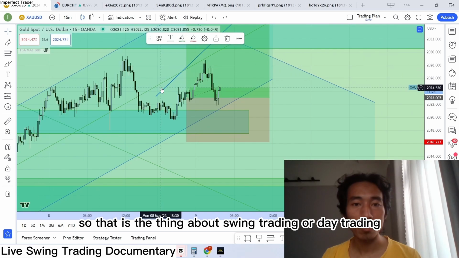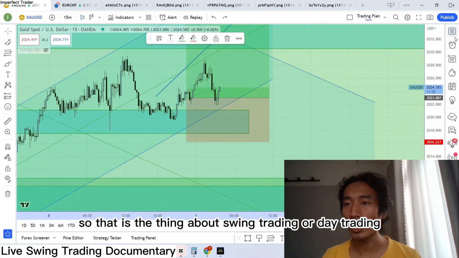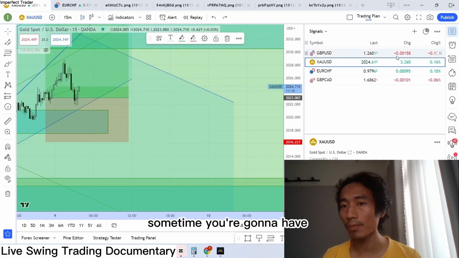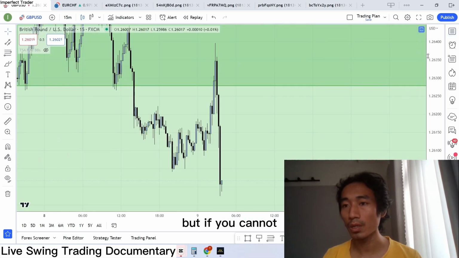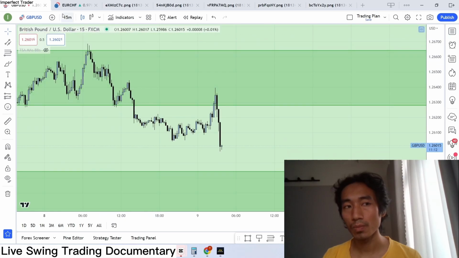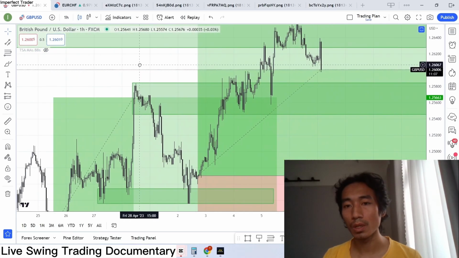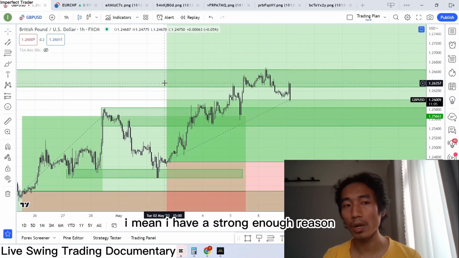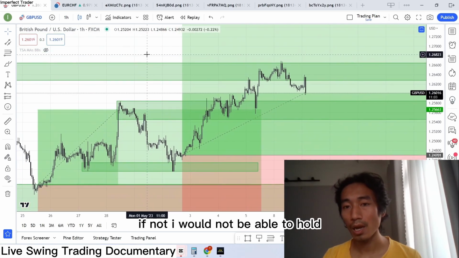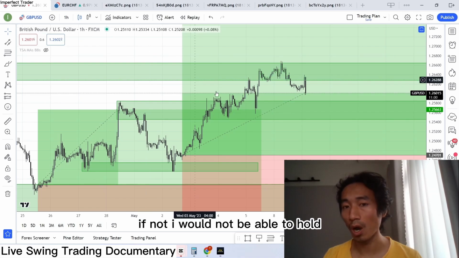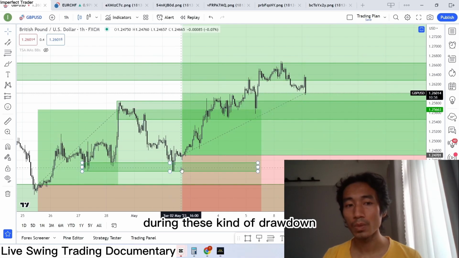So that is the thing about swing trading or day trading. Sometimes you're gonna have the market going against you, but if you cannot hold the trade, I mean, I have a strong enough reason. If not, I would not be able to hold during this kind of drawdown.